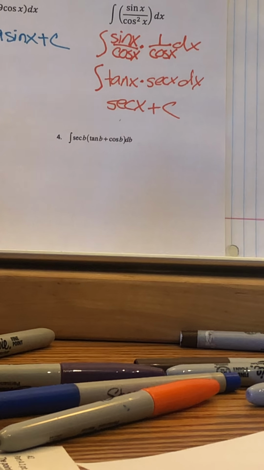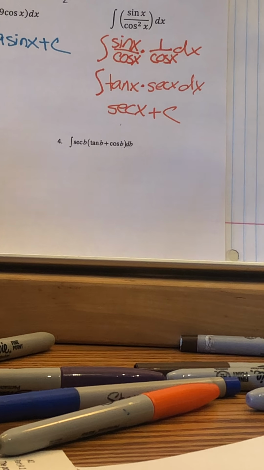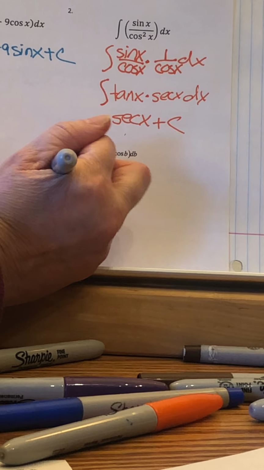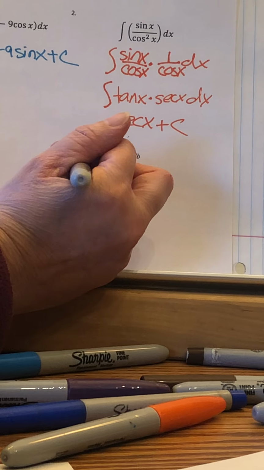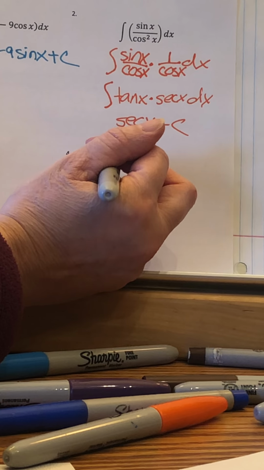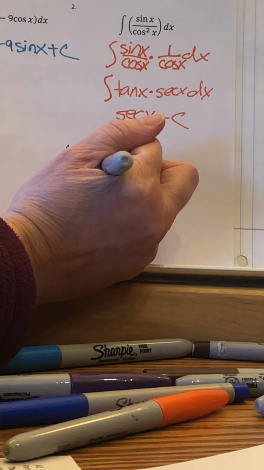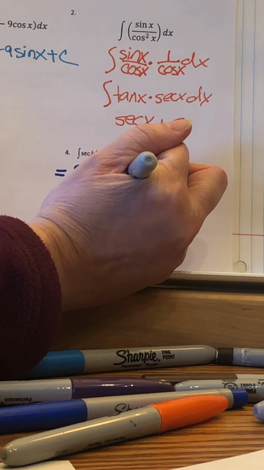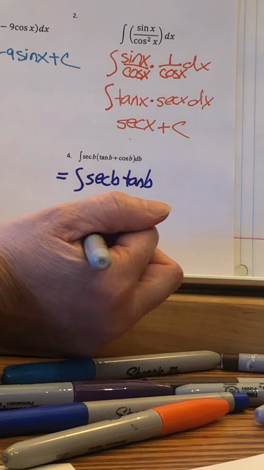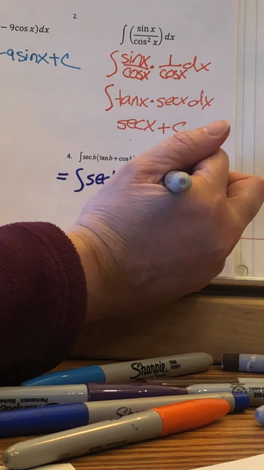Number 4, I see secant b being multiplied by a group. Since I'm looking for one trig function or two, I'm going to do that distribution so I can get two trig functions together. Then I can look at my list. Secant b times tangent b is the first distribution, and by now I'm hoping everybody's saying, oh, that's on my list, that's familiar.